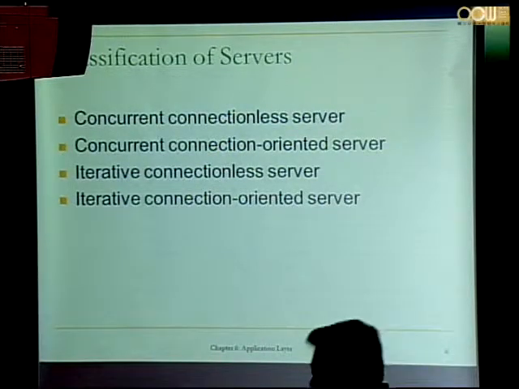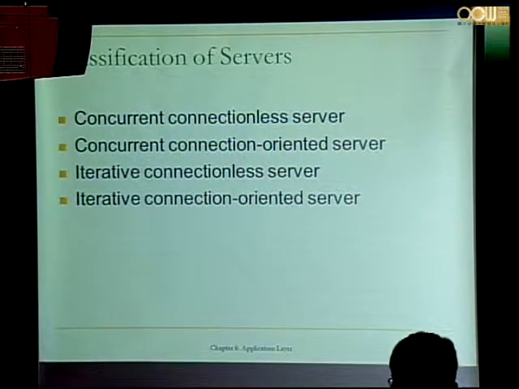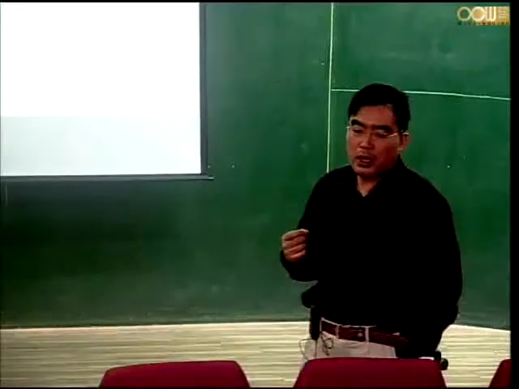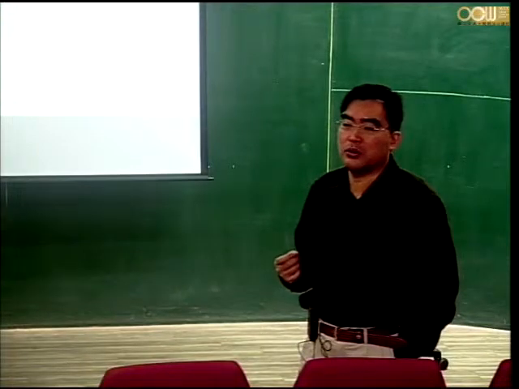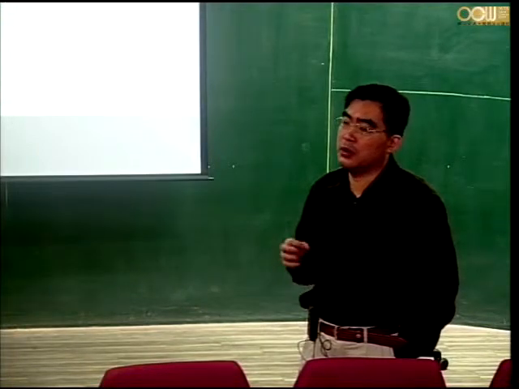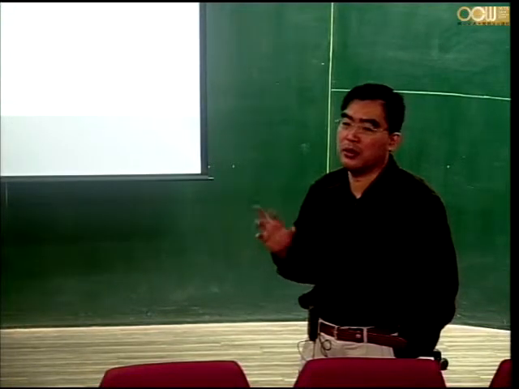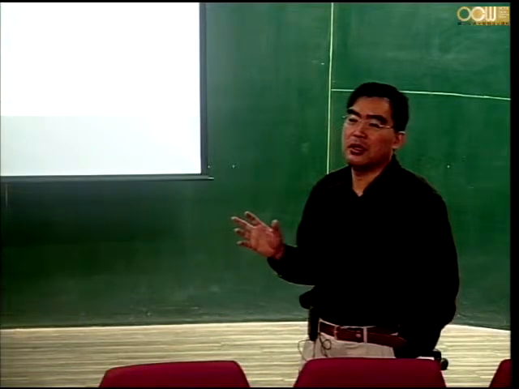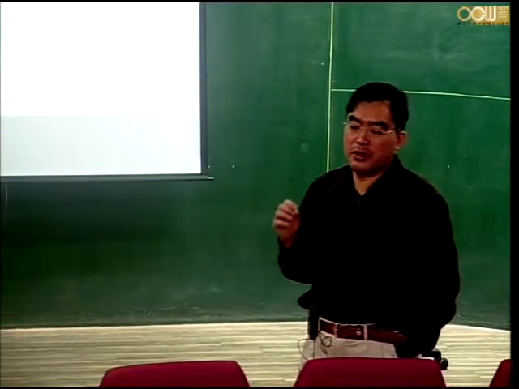SNMP provides service on a UDP port, and also provides iterative service because the service time is short. And many P2P applications: in P2P there is no server, everyone is a peer.